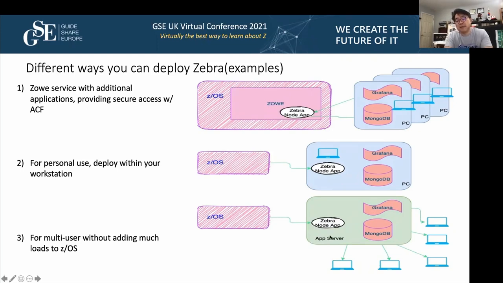So that is a very small load to z/OS, because everybody else is asking to get the data from this app server running off-platform z/OS. So the only load to z/OS is when it gets the report every 100 seconds, or someone asks for a history report from z/OS itself.